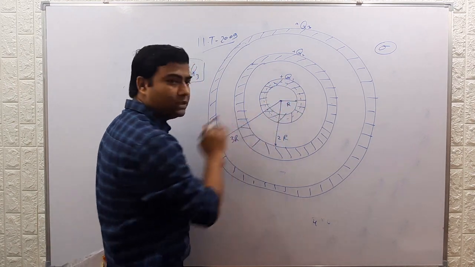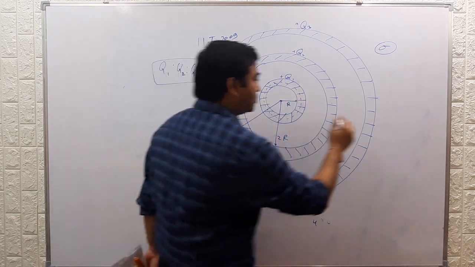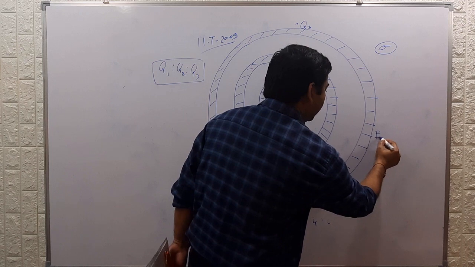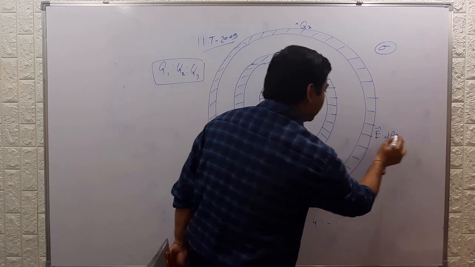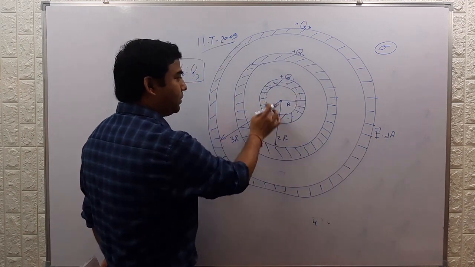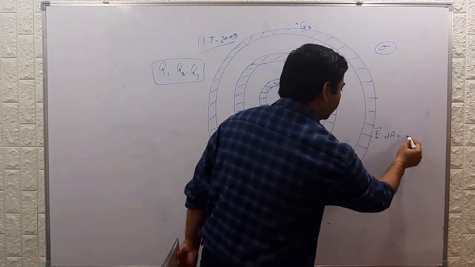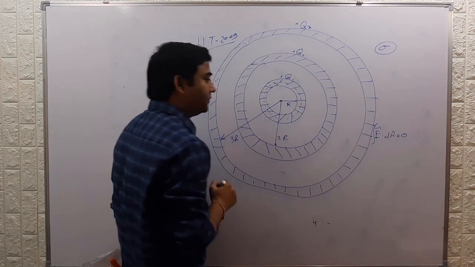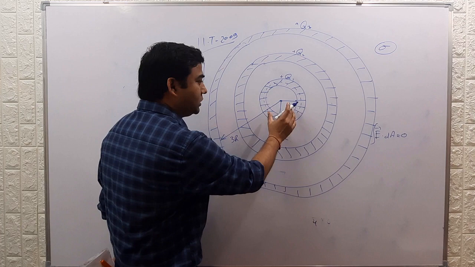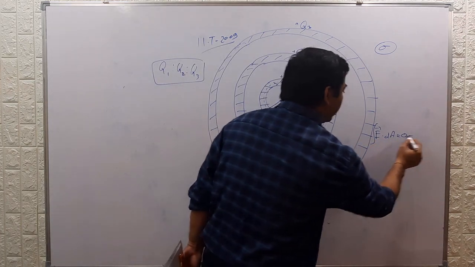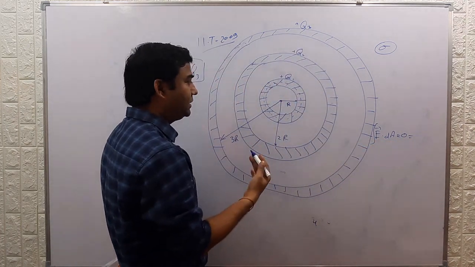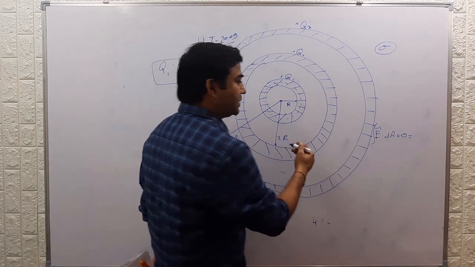sphere inside the conducting part of this sphere. The electric field will be 0 on this Gaussian surface. So when you find the integral of E dot dA through this Gaussian surface, for all parts it will be 0. That is the flux. By Gauss's law, this is equal to Q net by epsilon 0.